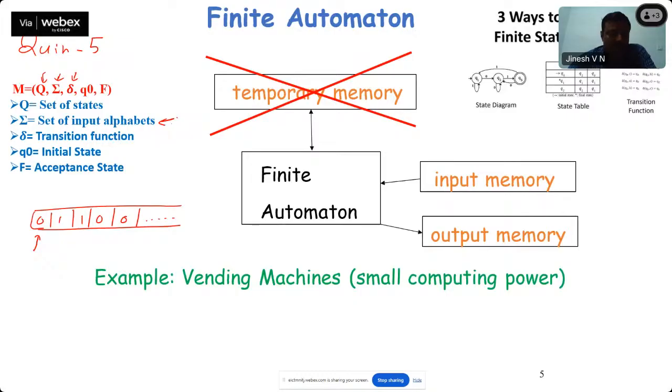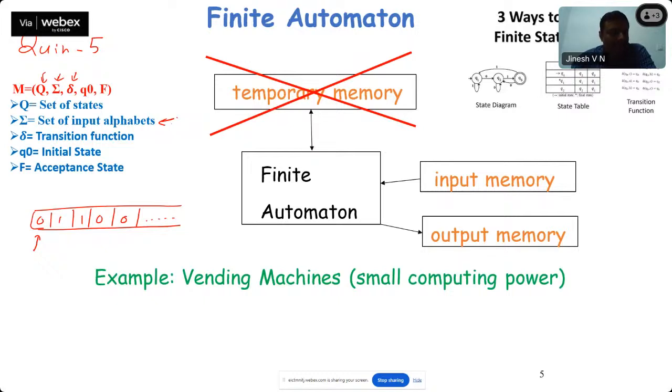That change of state, which state it is changing to, will be controlled by a function. That function we consider as the transition function of the automata. So here delta is the transition function.